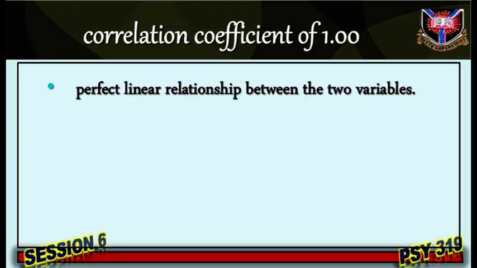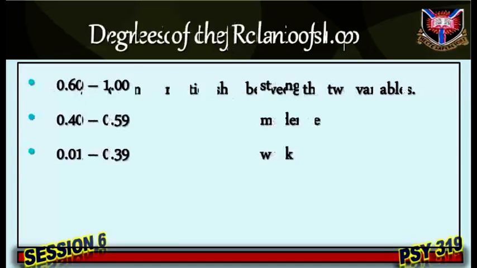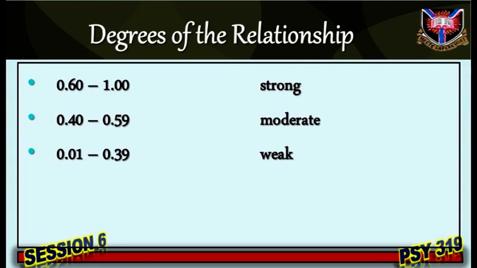Apart from the direction in correlation, there is what is called the degree of the relationship, where coefficients ranging between 0.60 and 1.00 are strong, those ranging from 0.40 to 0.59 are moderate, while those ranging from 0.01 to 0.39 are weak, respectively.